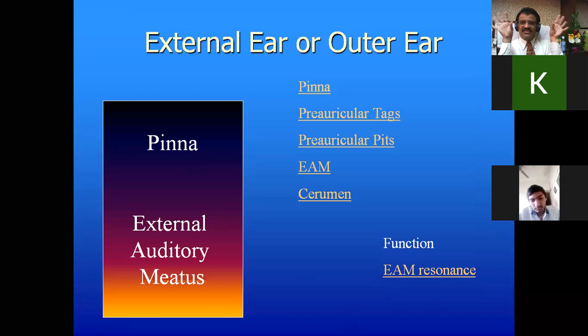It does like this, like this. Even elephants have such a big external ear. So that is for the purpose of collecting the sound and bringing it to the ear. But human beings have a small external ear, that is auricle or pinna, but can hear anything from a long distance.